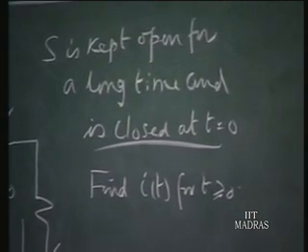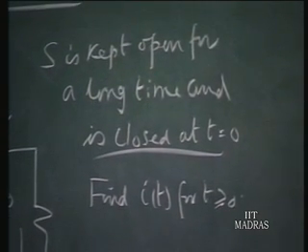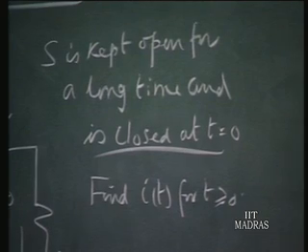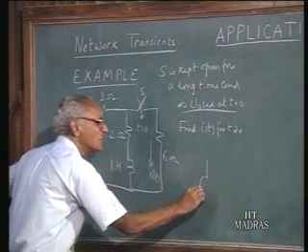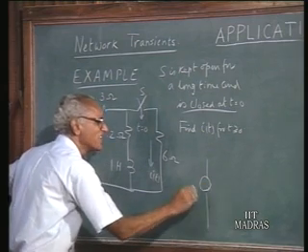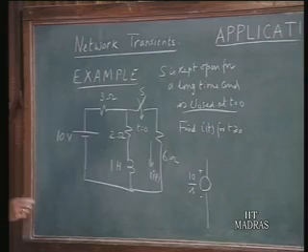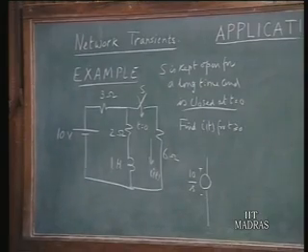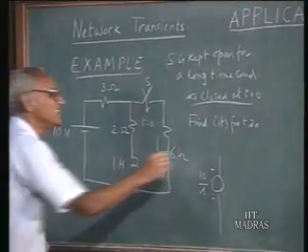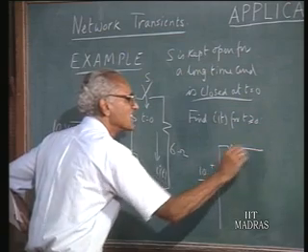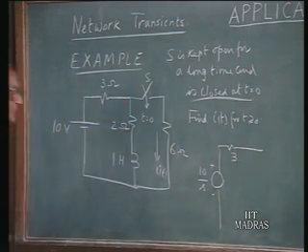Yes, so what we need to do is set up the transform diagram for this. For the 10 volts, we straight away take the Laplace transform, so that becomes 10 over S, because after all it's a DC source, the transform of a constant 10 volts will be 10 upon S. The resistance 3 ohms is represented by 3 again.